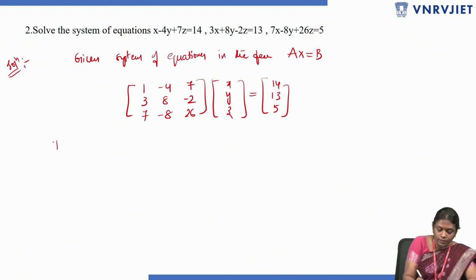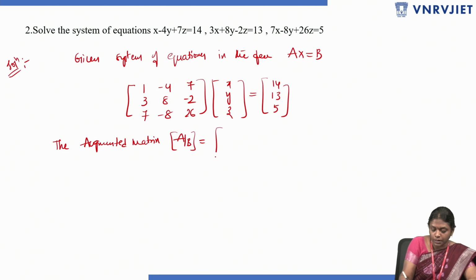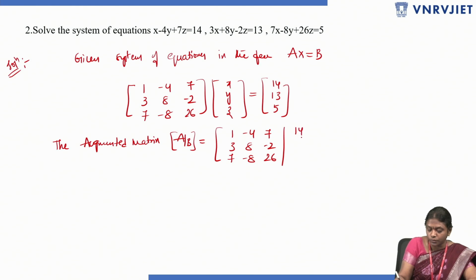Now define the augmented matrix, that is A given B. Now the combination of both A and B matrices, that is 1, minus 4, 7, 3, 8, minus 2, 7, minus 8, 26. So I'm drawing a line, 14, 13, 5.